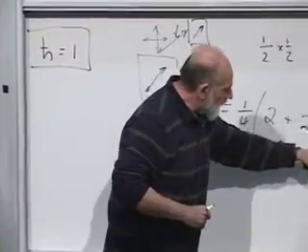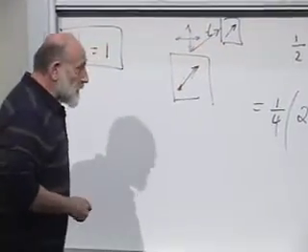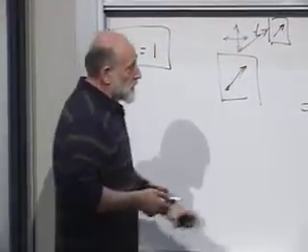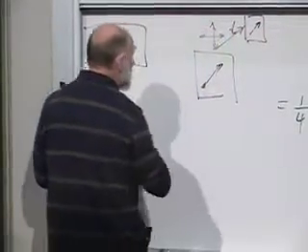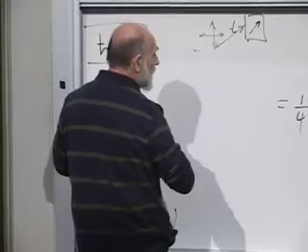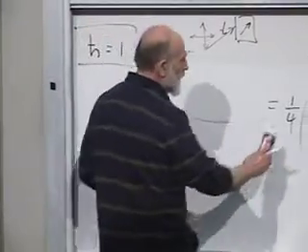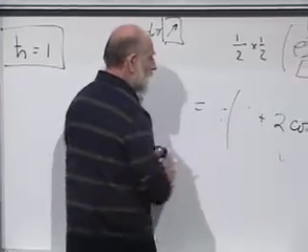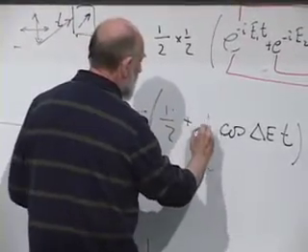Here it is, and notice that it oscillates as a function of time. It oscillates with a frequency which is determined by the energy difference. If we were to plot this function, well, what is it? It's 1/2 plus 1/2 cosine delta E t.